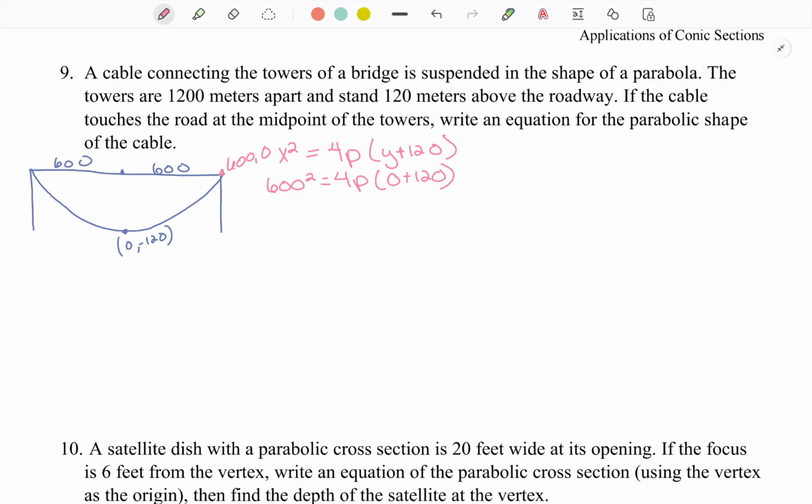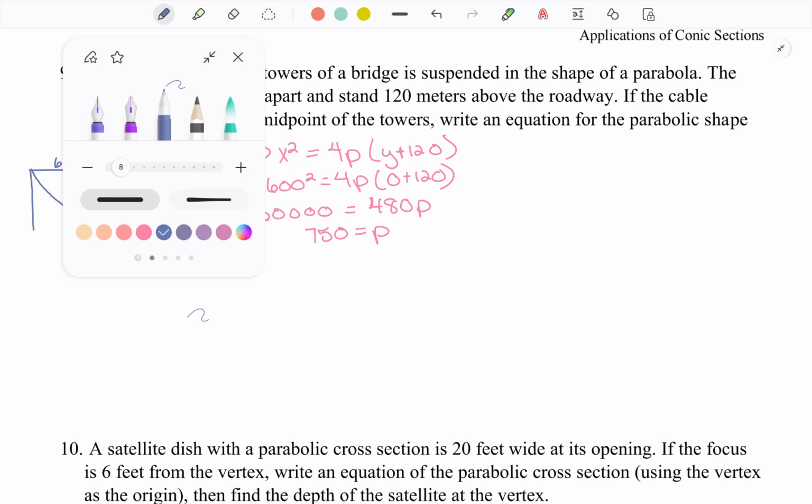And so 600 squared is 360,000. And that equals 480p. So we divide by 480, and that gives us p equals 750. So then we can write our equation.